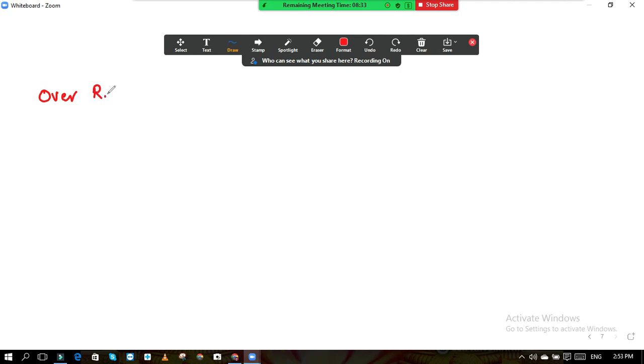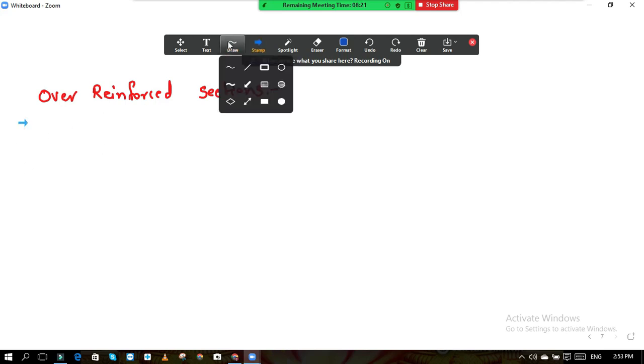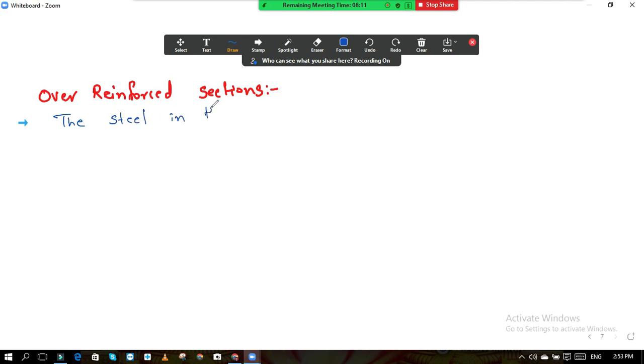So over reinforced sections. Okay, so in the over reinforced sections, point number one, the steel in the section is more than that required for balanced section.